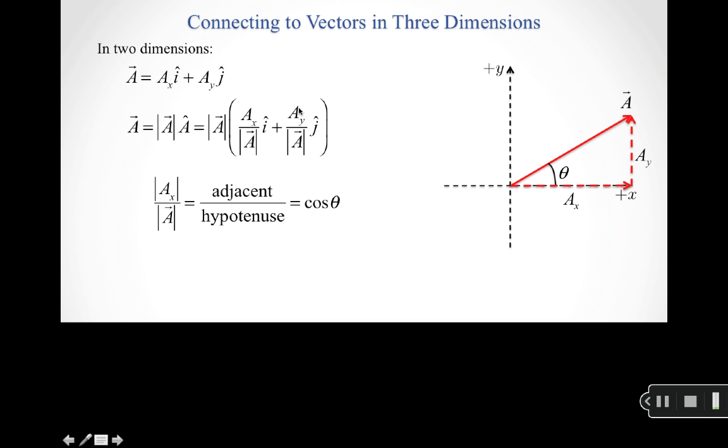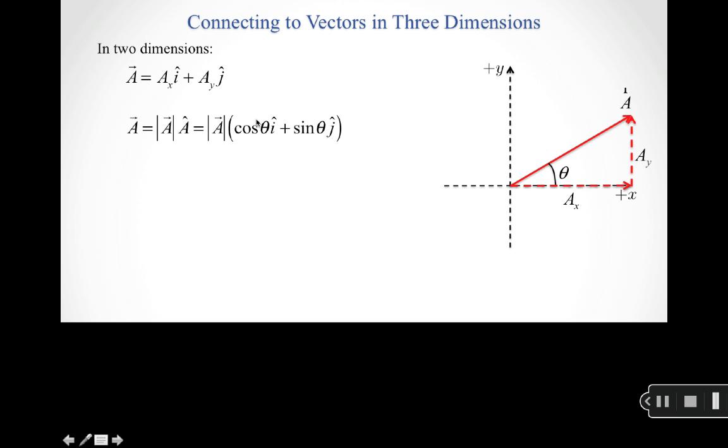I can play exactly the same game thinking about the y component in my unit vector. So this is the y component of vector A divided by the magnitude of vector A. So again, in terms of my angle theta here, this is the opposite side to the angle theta divided by the hypotenuse. That's just another way of saying sine theta.